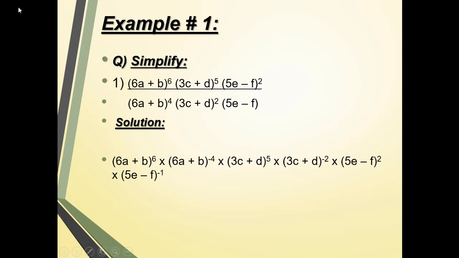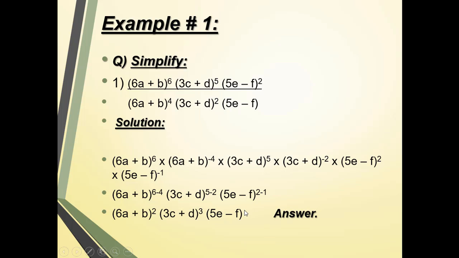That law states that whenever you shift the values, you just have to change the signs, or you can simply say that these two values are dividing, so you need to subtract these two powers, 6 minus 4, directly. Similarly, these two bases are also the same, so you need to subtract these two powers, 5 minus 2, and similarly you need to subtract these two powers, 2 and 1. So the expression will become somehow like this. You just need to subtract the powers. 6 minus 4 is 2, 5 minus 2 is 3, and 2 minus 1 is 1, and this is our final answer for this expression.